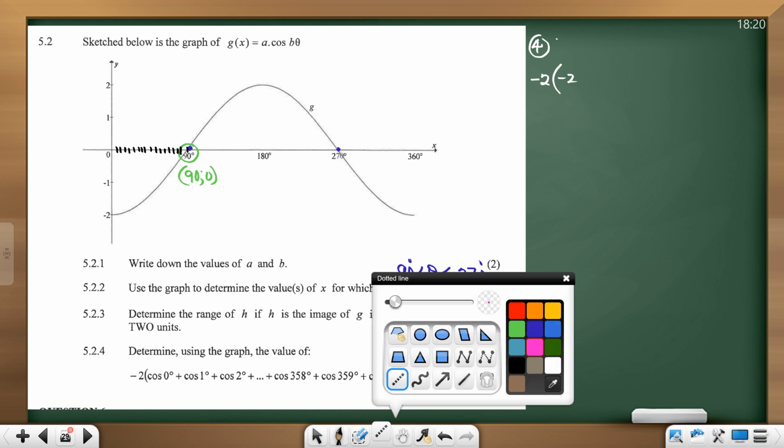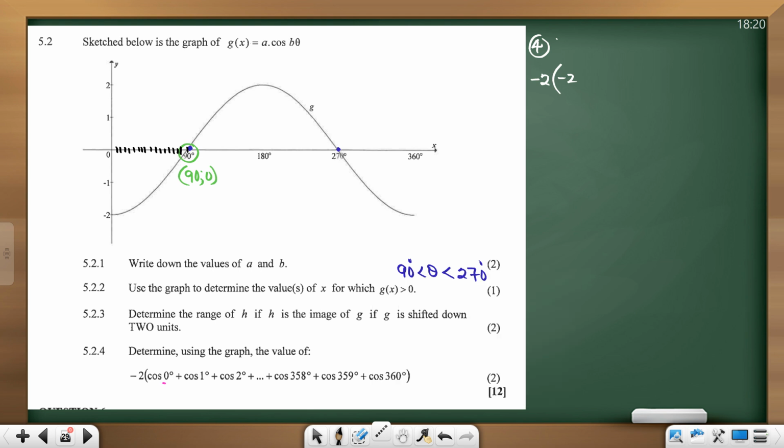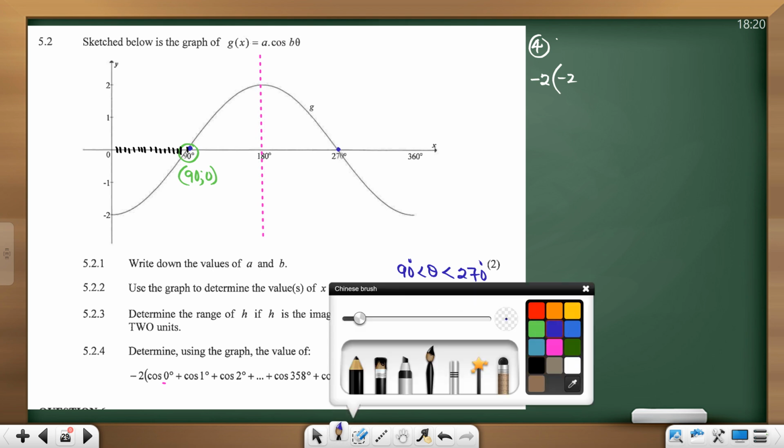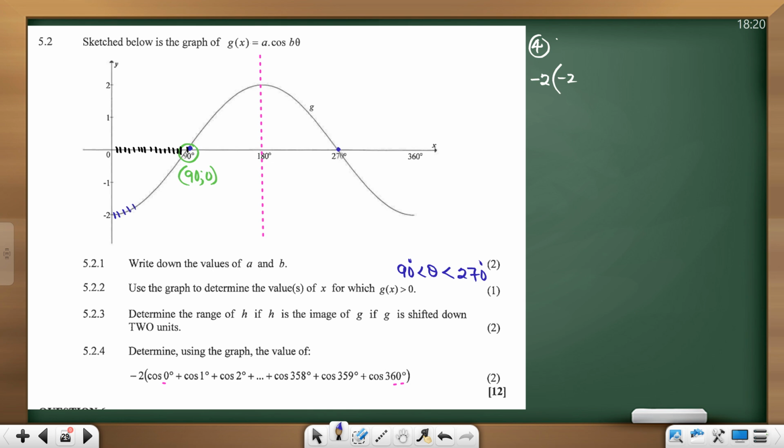Look at this. Because you will notice we're starting from 0 to what? 360. That these values are all negative. Okay, let me just paint it. Values are all negative.